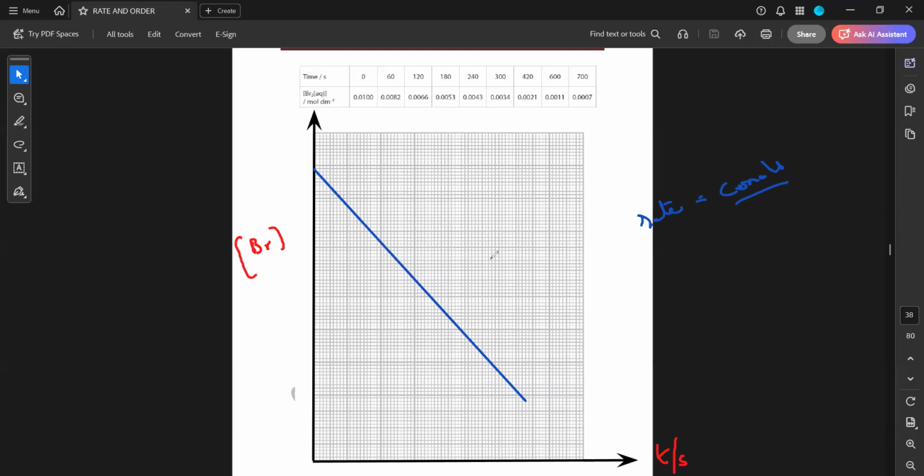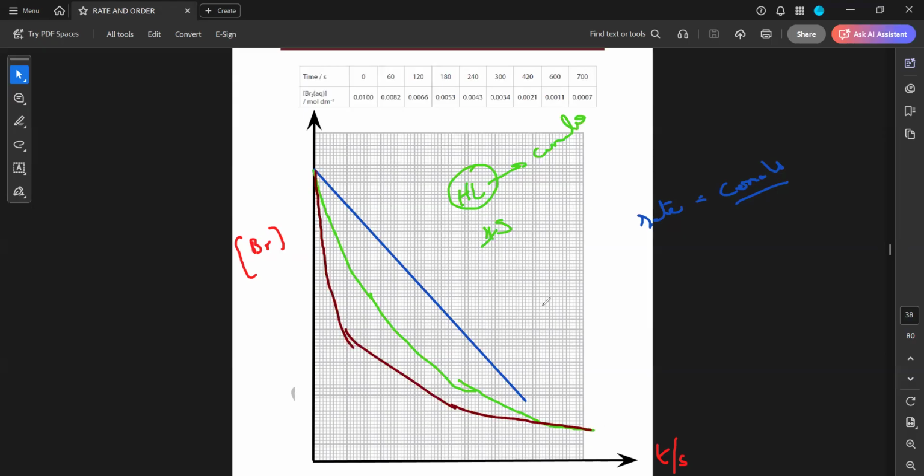If it is a curve and the half-life is constant, it means this will be first order. But if there is a shorter half-life at the start and it gets longer with the passage of time, then this will be second order.